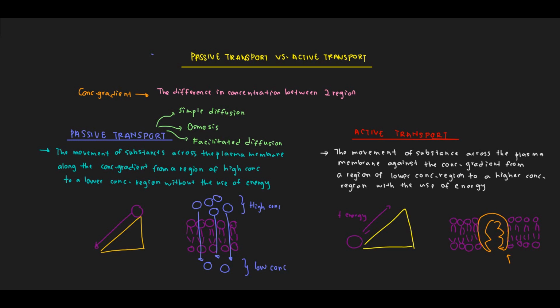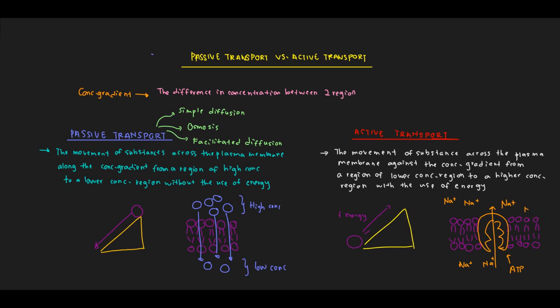Active transport requires energy, therefore energy is used in the form of ATP, so that the sodium ions can move outwards. Over here there are probably only a few sodium ions, but outside of the cell there might be plenty of sodium ions.